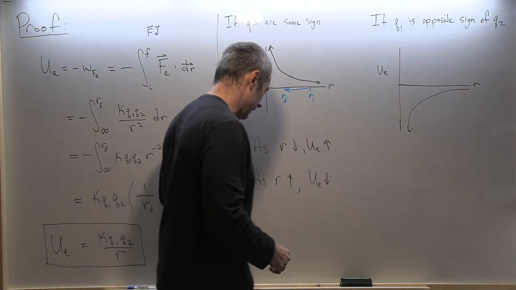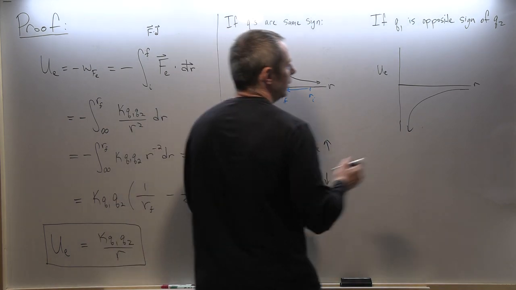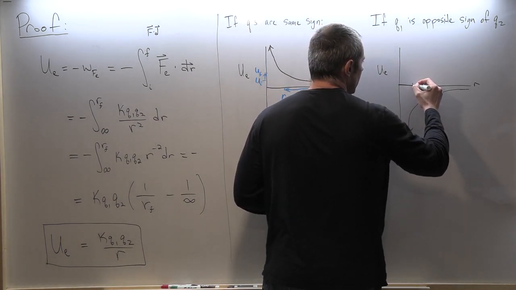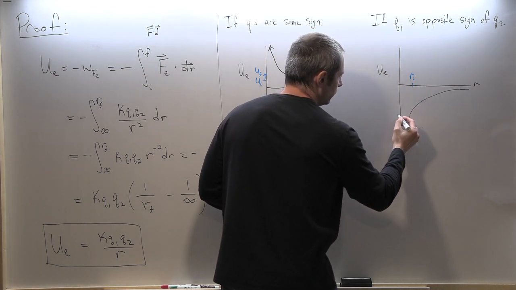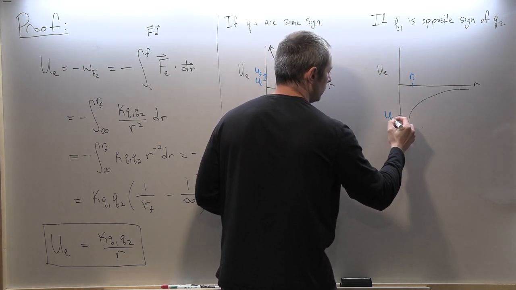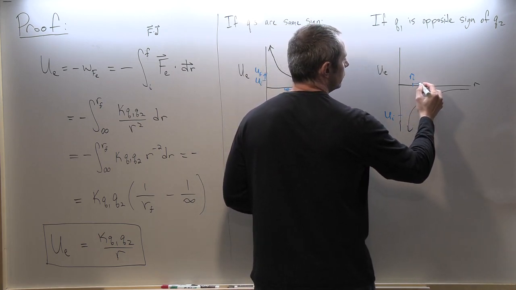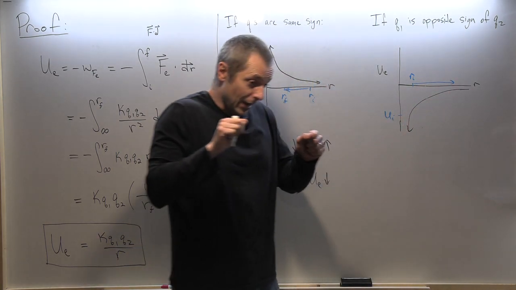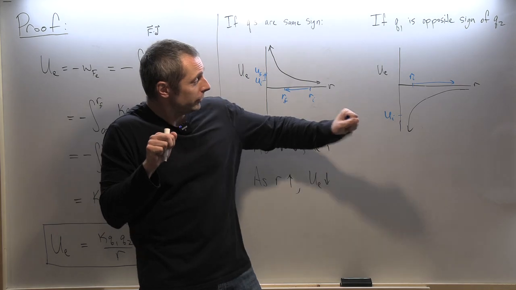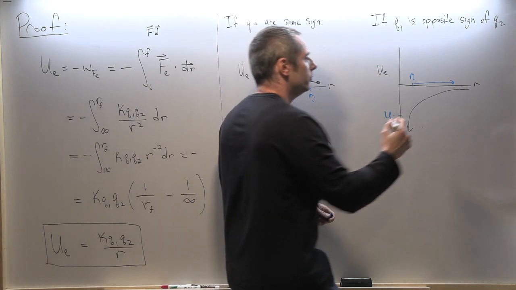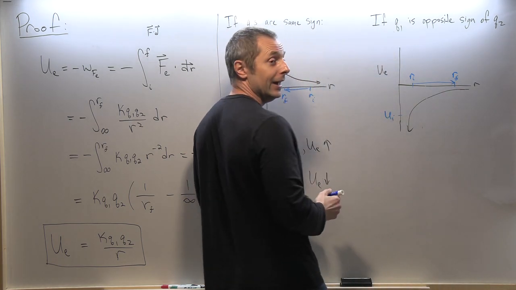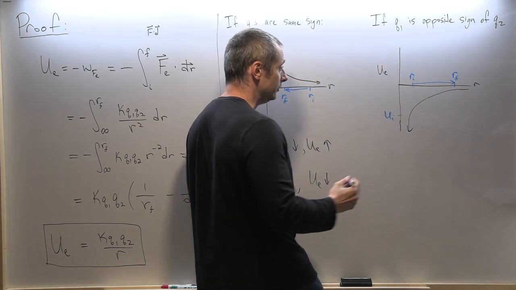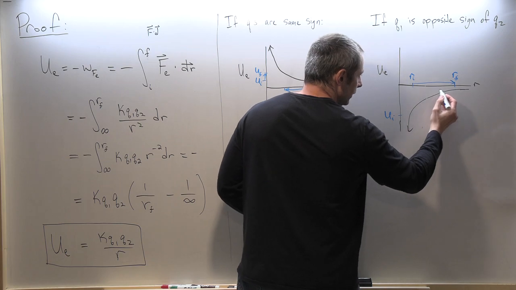Do we see that from that graph? Let's take a look. Let's suppose R initial is right here. So the initial potential energy is right here. And then I lift this charge. In other words, I'm lifting that electron away from the proton to a higher radius, right? So there, that's R final. Did I increase the potential energy? Well, here's the potential energy final.